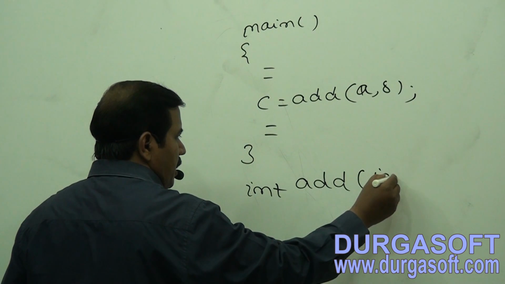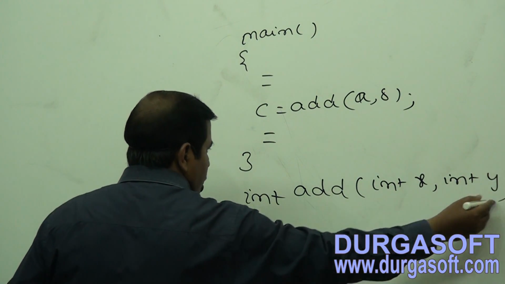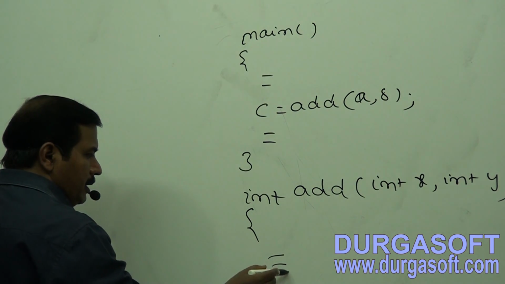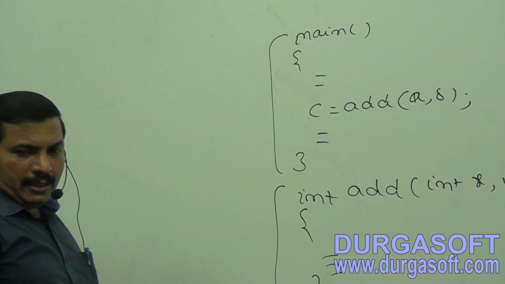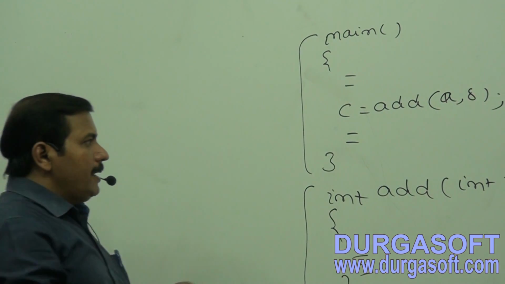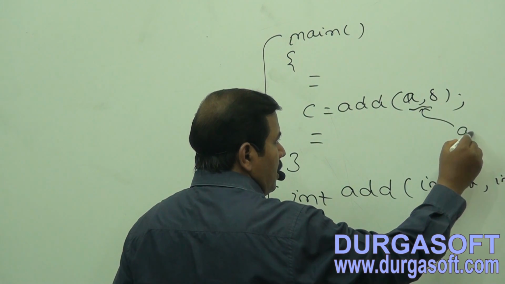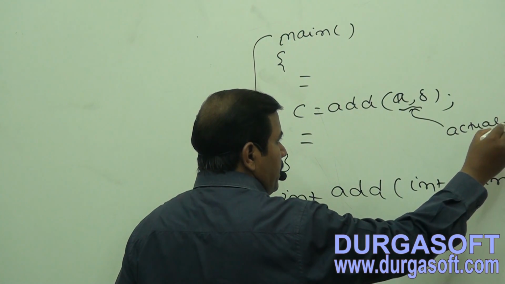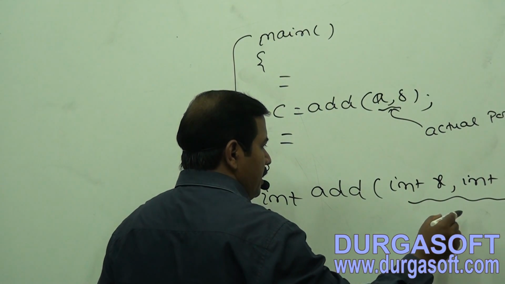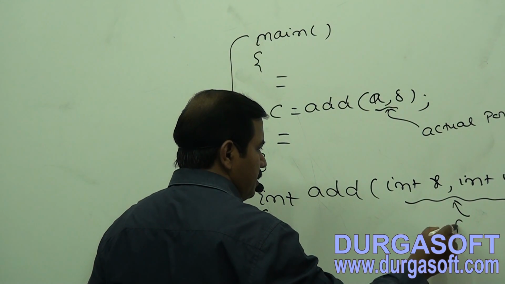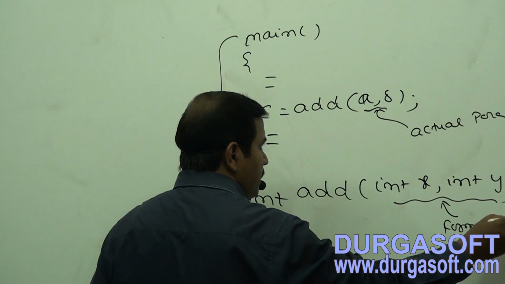The arguments are, let it be, x and y, and these are the sum statements. Let us watch here. This is a simple C program. Inside this, A and B are known as actual arguments, actual parameters. What about this x and y? Formal arguments.